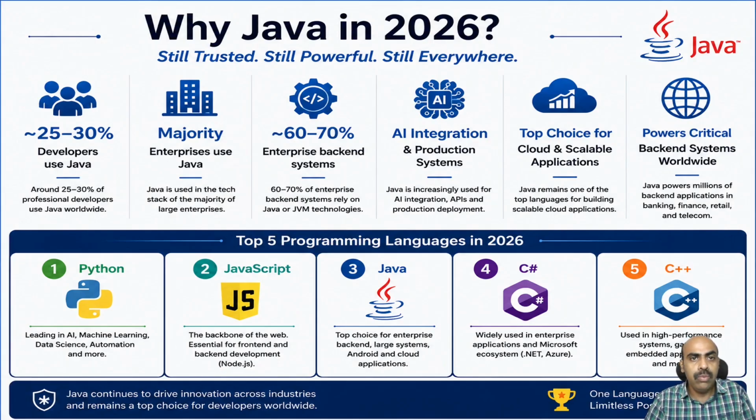Now we will see why Java in 2026. It is still trusted, still powerful, and still used everywhere. Globally, 25 to 30% of professional developers worldwide still use Java, and the majority of it is used across enterprises.